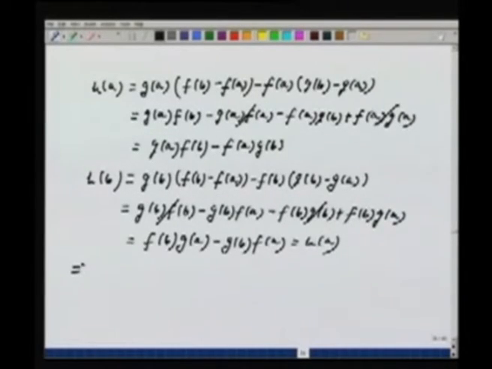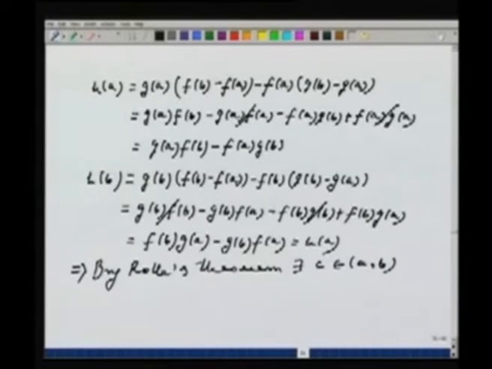This implies by Rolle's theorem there exists C in the open interval AB such that H prime C equals 0. But from the definition of H, again I can calculate the derivative.